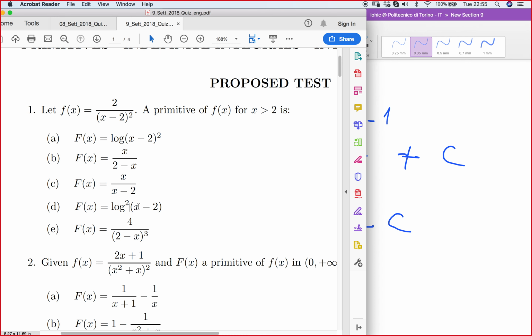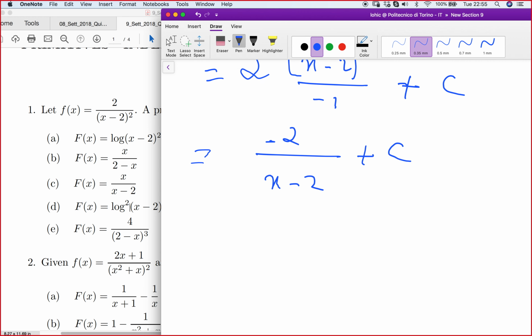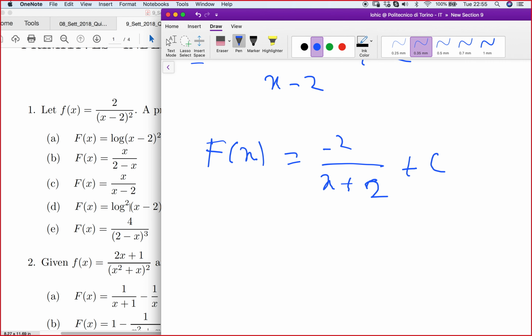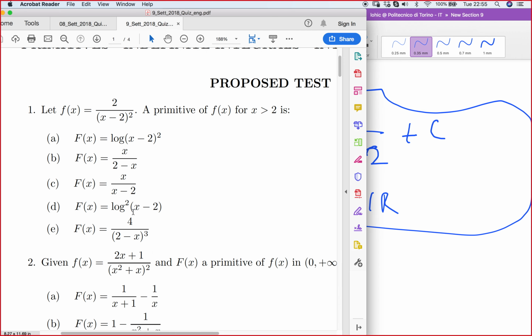But if I go back, what we are saying is that all the possible primitives are minus 2 over x minus 2 plus any constant, because this works for any constant belonging to R. Good. But we want a primitive, not all of them, right? We want one of them.